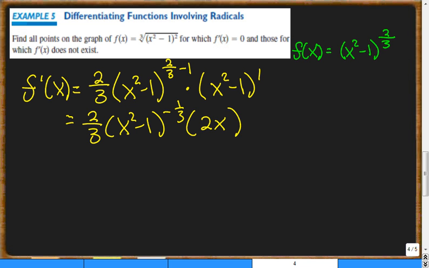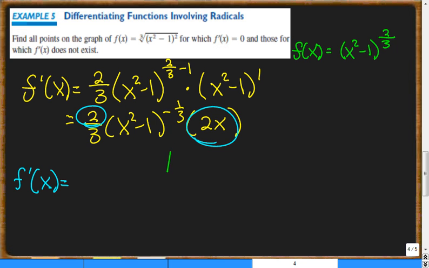So it's asking for when it's 0 and when it doesn't exist. So I tend to think that it's easiest to do this if we have it set up in a nice clean way. So I'm going to set this function up kind of formally. So what's in the numerator and what's in the denominator? Well, 2 is a numerator, 2x is a numerator, the rest is in the denominator.